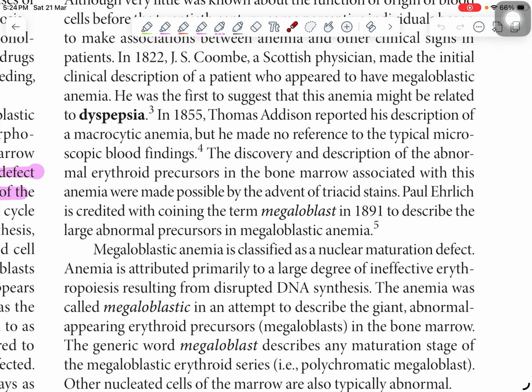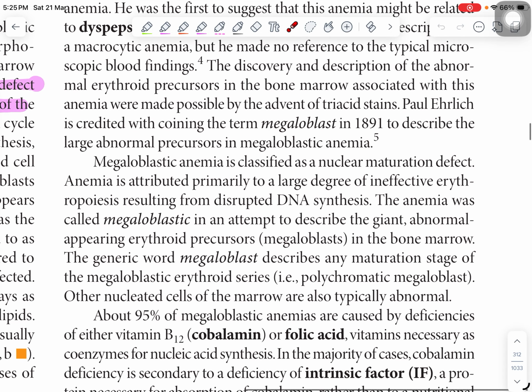He was the first to suggest that the anemia might be related to dyspepsia. Then after Coombe, Thomas Edison reported his description of macrocytic anemia, but he made no reference to the typical microscopic blood findings. The discovery and description of the abnormal erythroid precursors in the bone marrow associated with this anemia were made possible by the advent of triacidic stains.